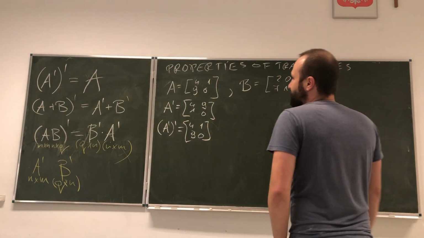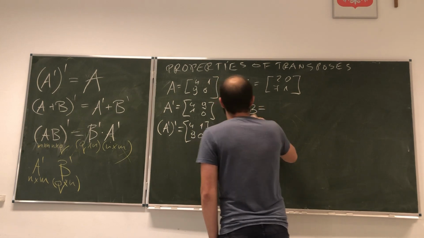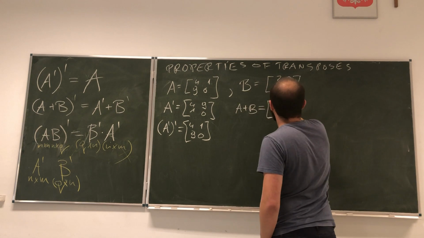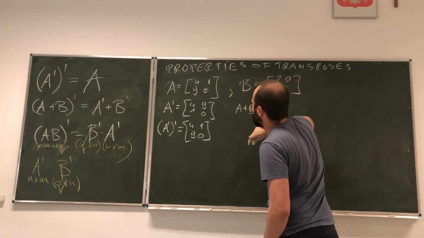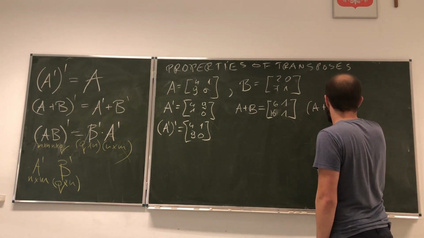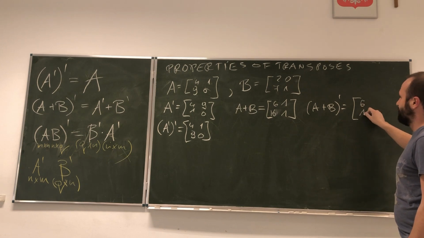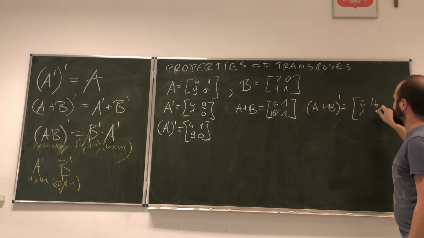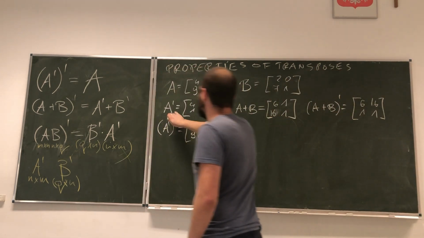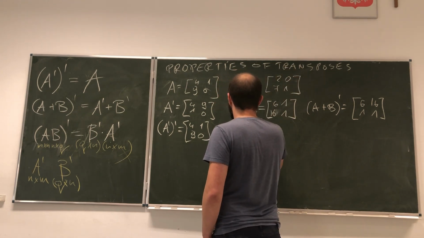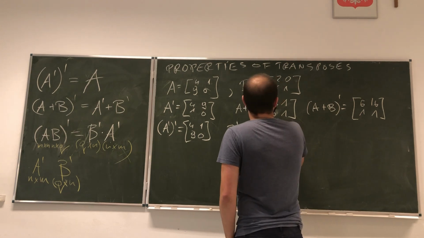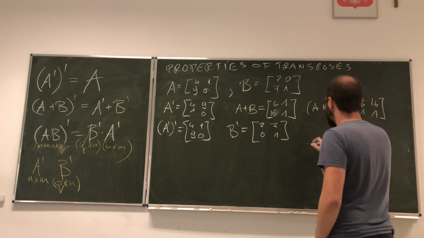Now let's check property number 2. First, let's calculate A plus B. A plus B is 6, 1, 16, 0. Now, the transpose of A plus B then must be 6, 16, 1, 0. Then I need the transpose of A and the transpose of matrix B. If I add them up, we get the same result.